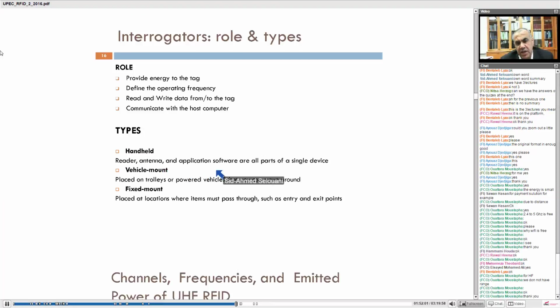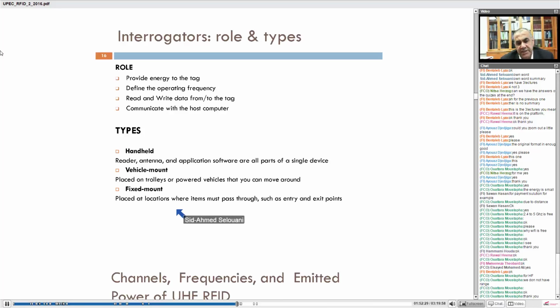The reader, the interrogator: role and types. It provides the energy to the tag, defines the operating frequency, reads and writes data to the tag, and communicates with the host computer. The types: you have handheld readers. The reader, the antenna, and the application software are all parts of a single device. Remember, in the last course we had an image for that.